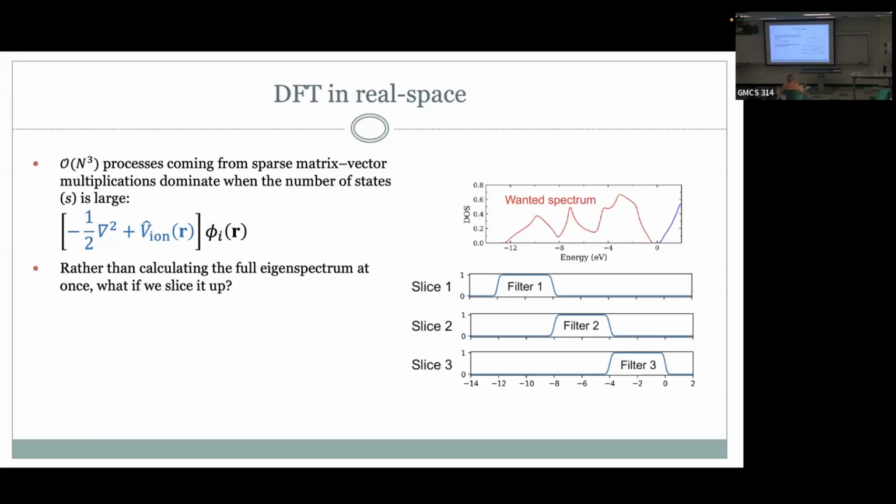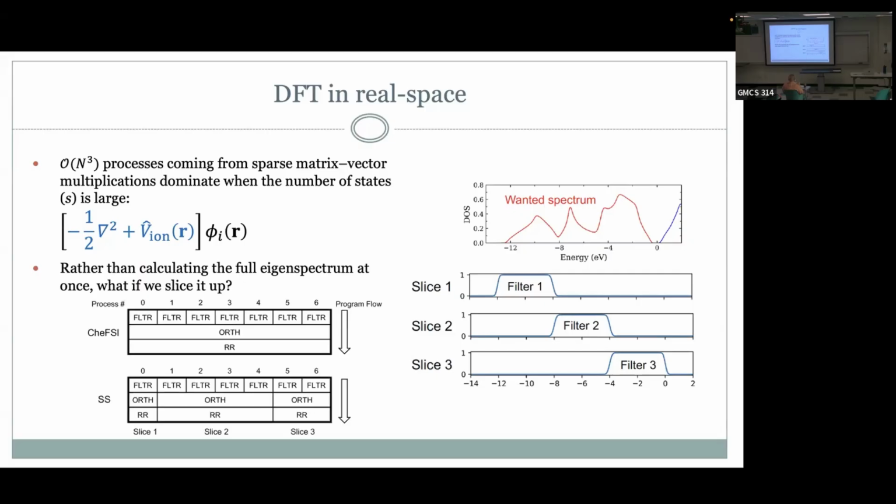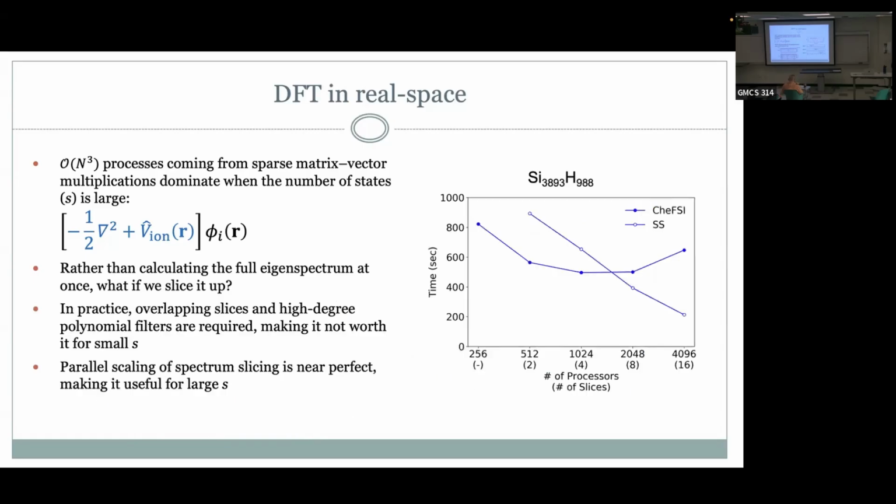It's usually made up of sections or certain blobs, and if you could only focus on these sections one at a time, you would reduce the number of states by a lot. So we would be able to slice up our spectrum. So rather than doing the orthonormalization and the Rayleigh-Ritz steps for the whole spectrum, we do them by slice.